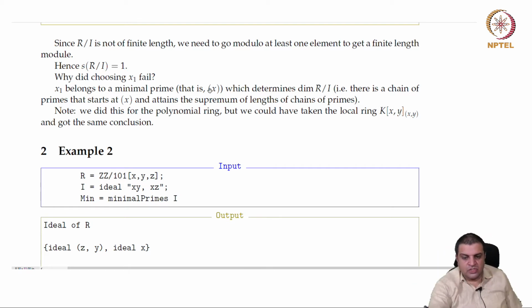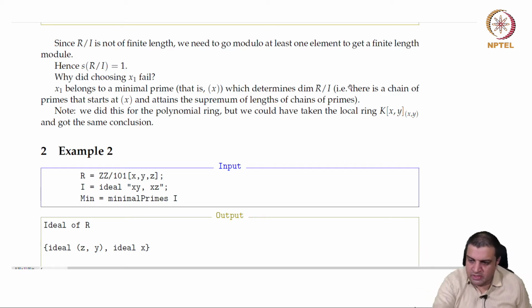That is, you start with x and then go to x comma y. So there is a chain of primes that starts at x and attains the supremum of lengths of chains of primes. Therefore, that's the reason why this failed.